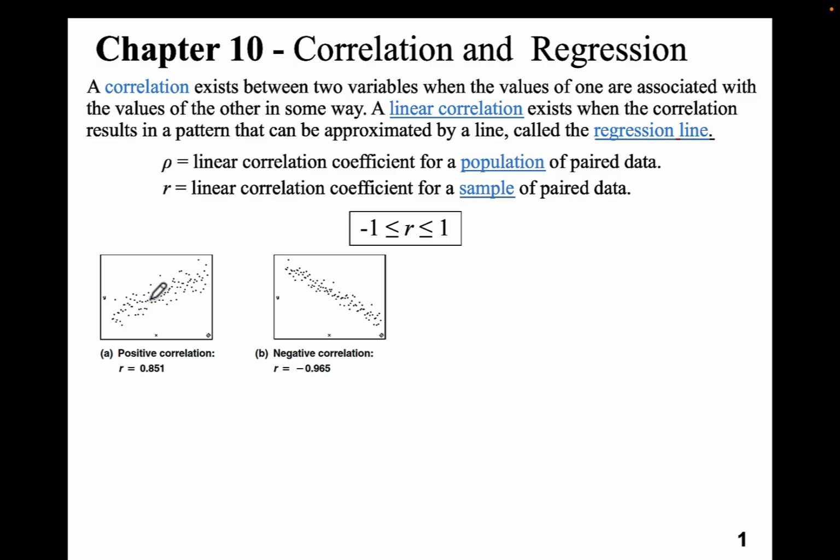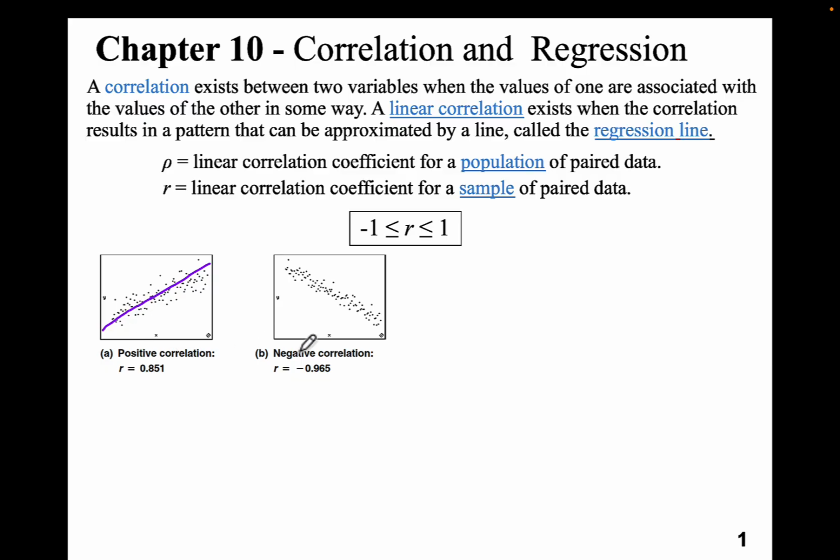It has an X coordinate and it also has a Y coordinate. So it appears that as the X coordinate increases, the Y value is also increasing, and we could probably capture the behavior with this line like this. So we would say that this has a positive linear correlation.